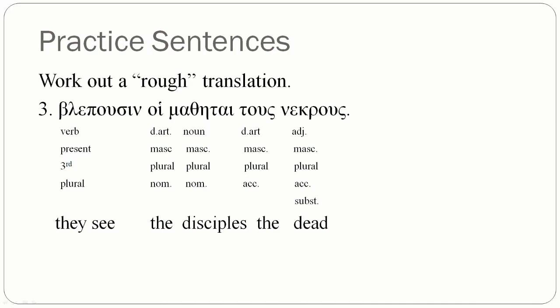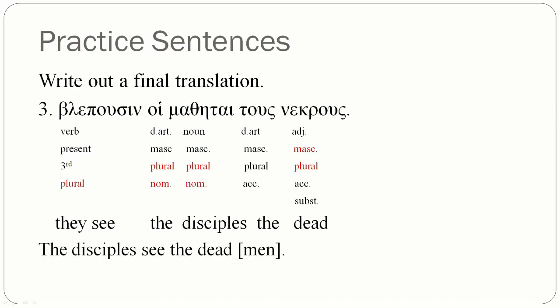And so to translate this, the final translation, use first of all your nominatives as a subject, the disciples. And the disciples are doing the verb. The disciples see. And then what do they see? They see the accusatives, okay, the dead. But it's not just the dead. Okay, notice with your substantive adjective, you need to take the gender and the number.